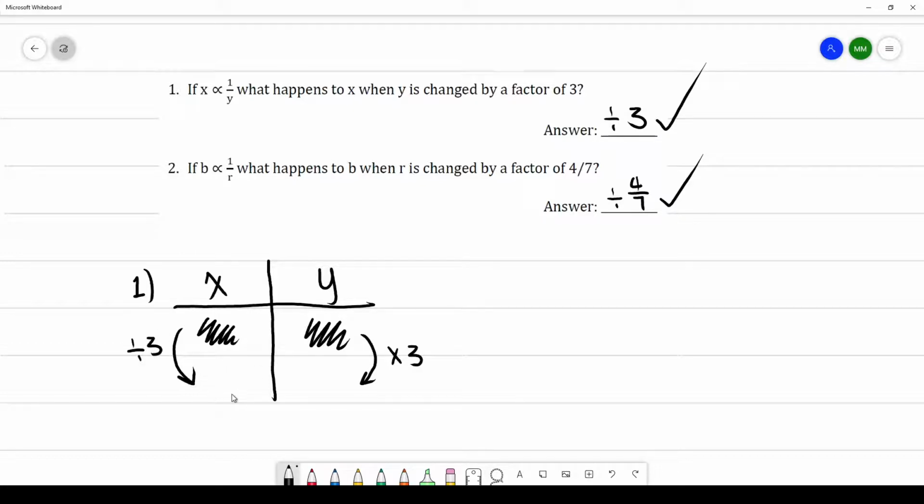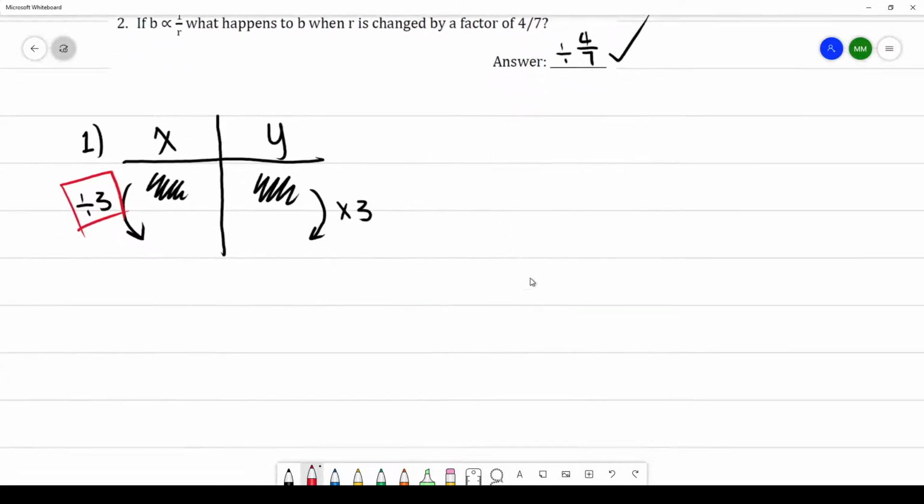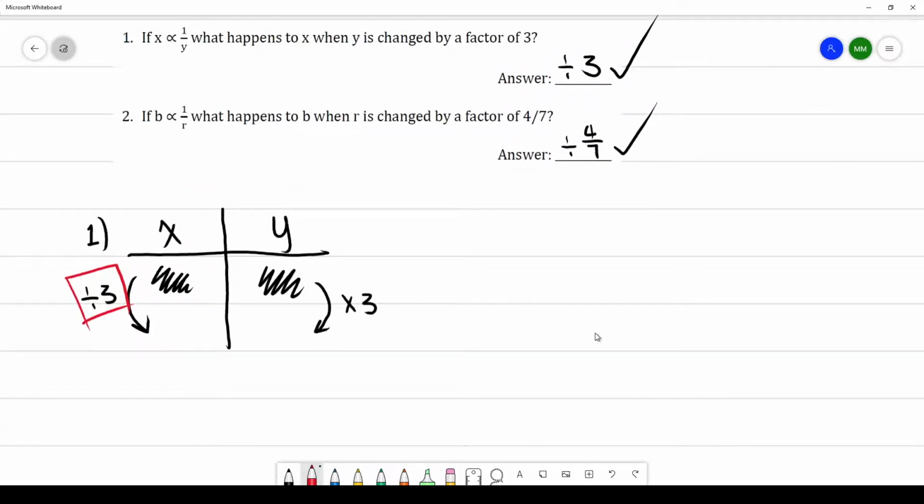Because I'm not looking for what the answer is, I'm actually just looking for this part. So divide by 3. So when a number divides by 3, that's the same thing as multiplying by 1 over 3.